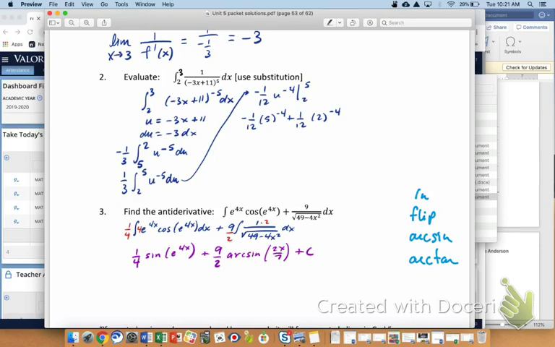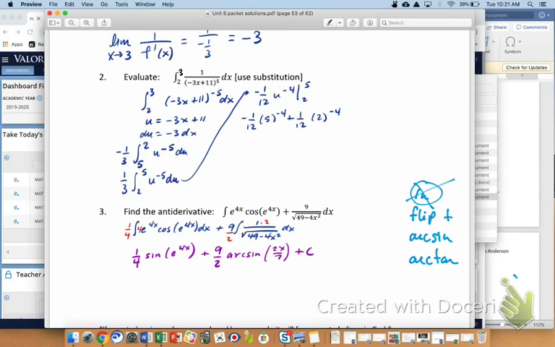Yes? Oh, okay. So let's talk about that. In order for it to be natural log, the derivative of the denominator has to be equal to the numerator. When I start to think about that derivative of the denominator, it's going to involve like a square root, it's going to involve an x, and the numerator is just a 9. So I don't think that that's going to fit very well with the derivative of the denominator. So I would eliminate natural log.